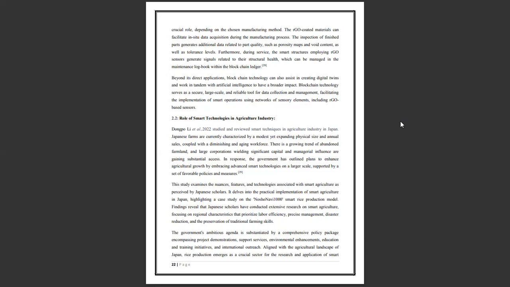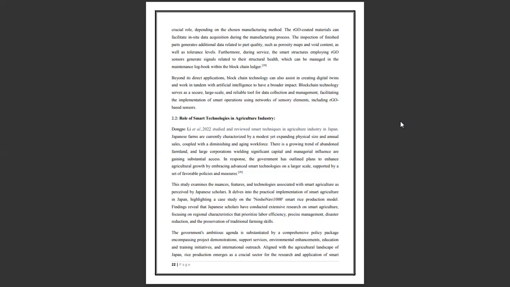Now, our second point is the role of smart technology in the agriculture industry. Now, look at the review article. Dong Cui and colleagues in 2022 studied and reviewed smart techniques in the agriculture industry in Japan. Japanese farms are currently characterized by a modest yet expanding physical size and annual sales, compared with a diminishing and aging workforce.